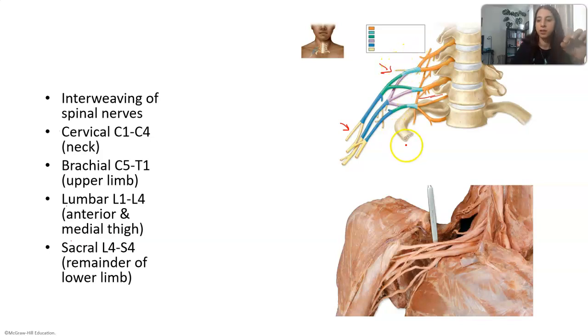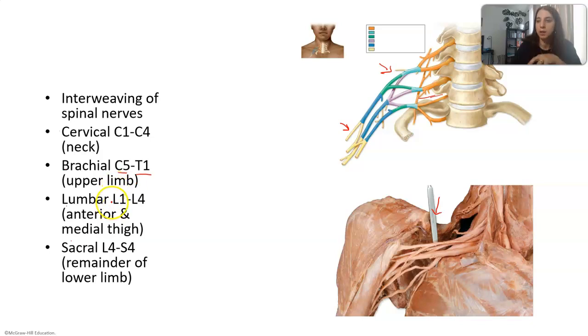Then you have the brachial plexus. This is the brachial plexus right here, and it's huge. The brachial plexus innervates the upper limb, and it is formed by the anterior rami from spinal nerves C5 to T1.